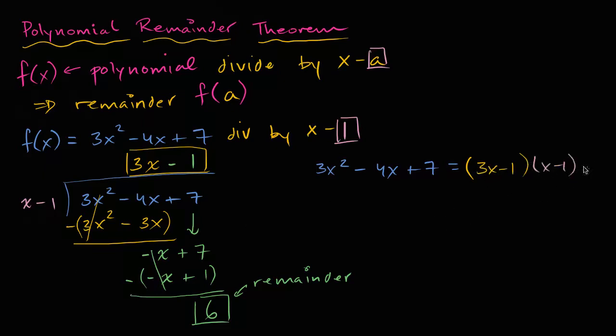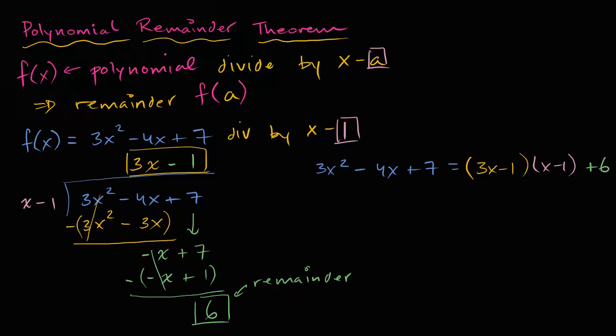When you multiply these two things, you're not going to get exactly this. You still have to add the remainder. So plus the remainder, and actually, let me write the actual remainder down. So plus 6.